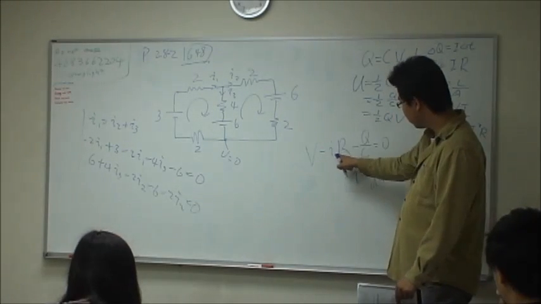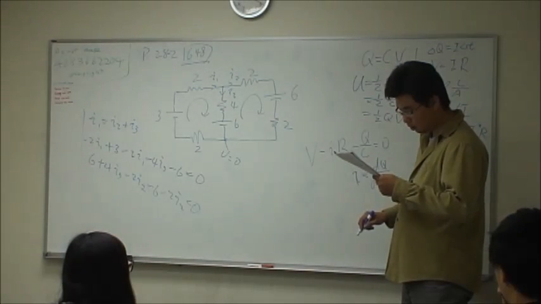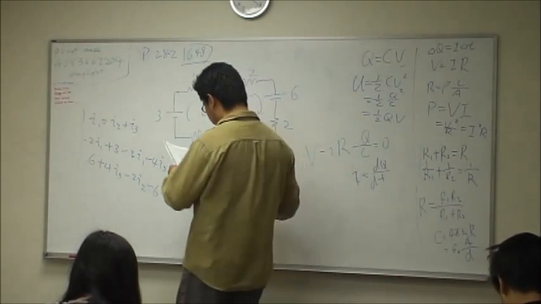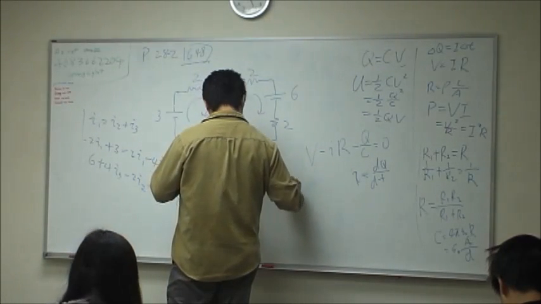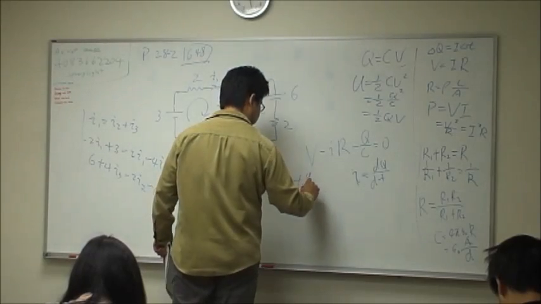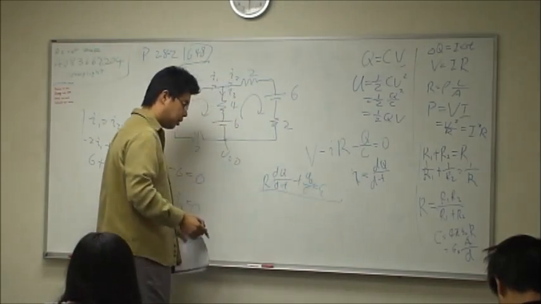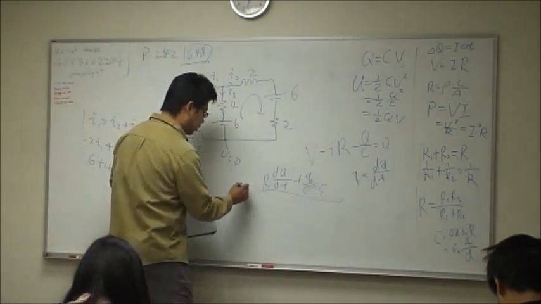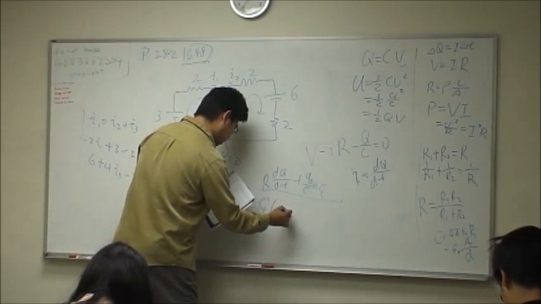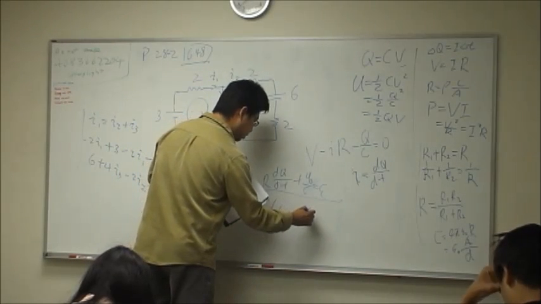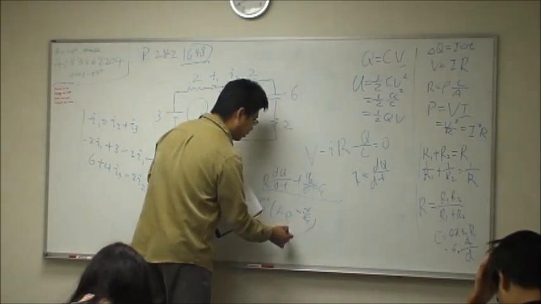So if you plug I into it, what you have is something like R dQ/dt plus Q over C equals the EMF. By solving this equation, you get Q equal to some constant times 1 minus e to the power of minus t over RC.